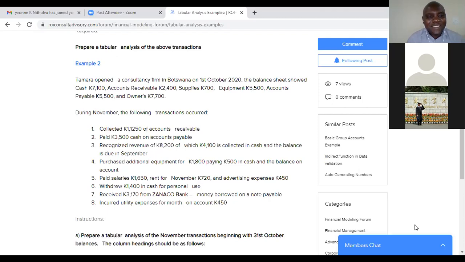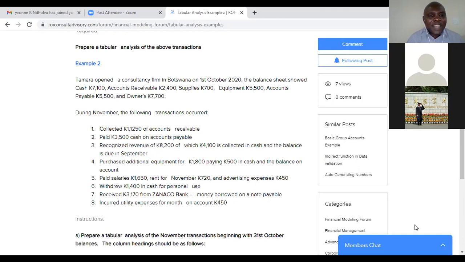The balance sheet showed cash 7,100 kwacha, accounts receivable 2,400, supplies 700 kwacha, equipment 5,500, accounts payable 5,500.